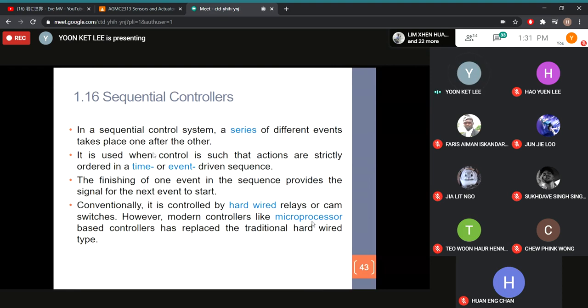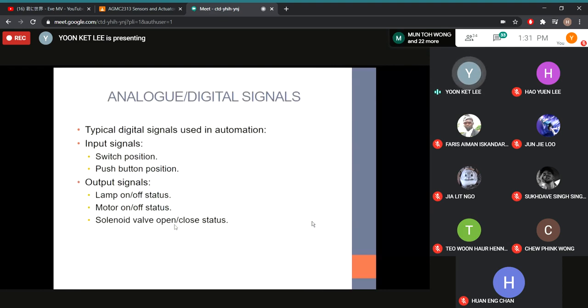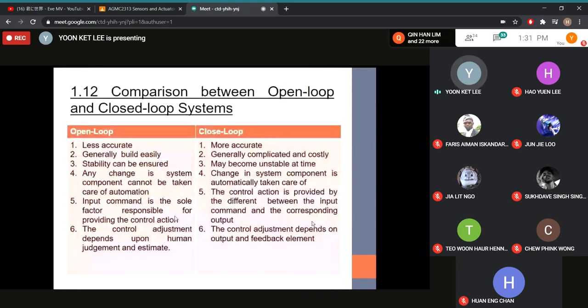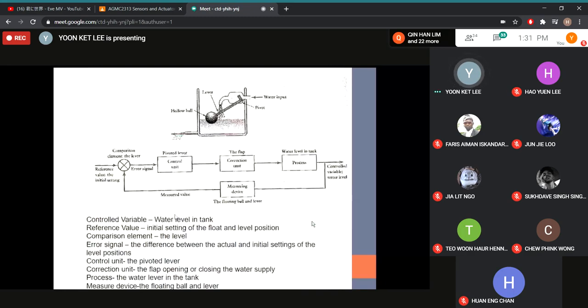As I say, when we do control, we have 3 types of control. The first is we want to control the value.